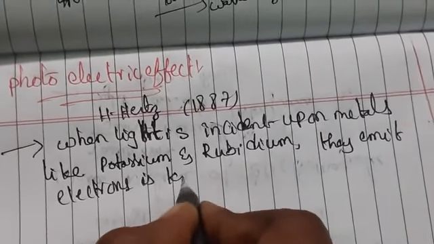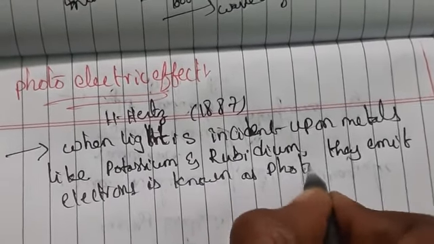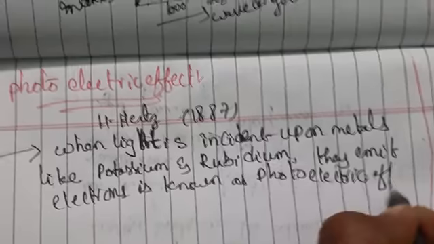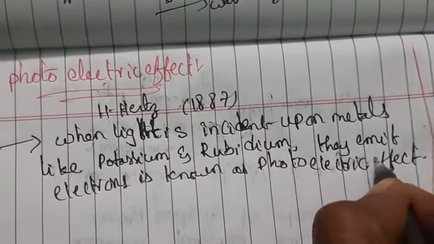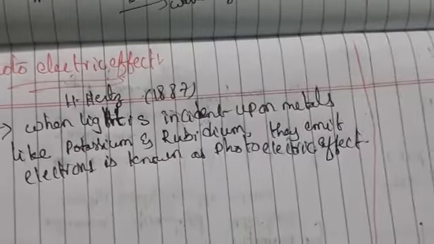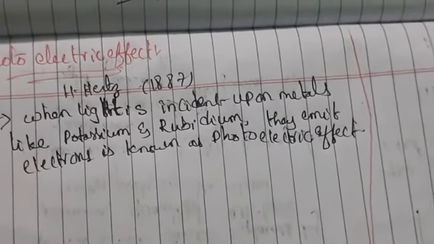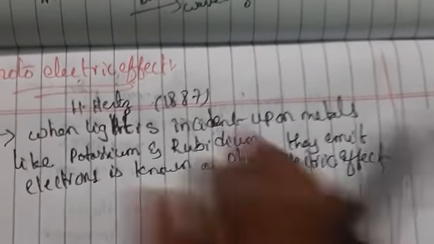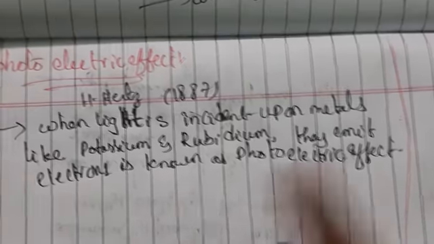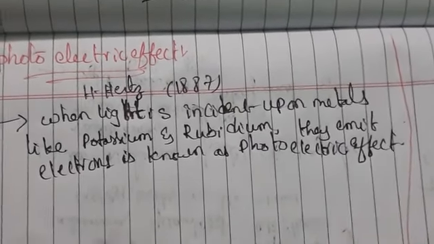This is known as the photoelectric effect. The photoelectric effect was discovered by Hertz. Whenever light is incident upon metals like potassium and rubidium, it emits electrons. That we call the photoelectric effect.